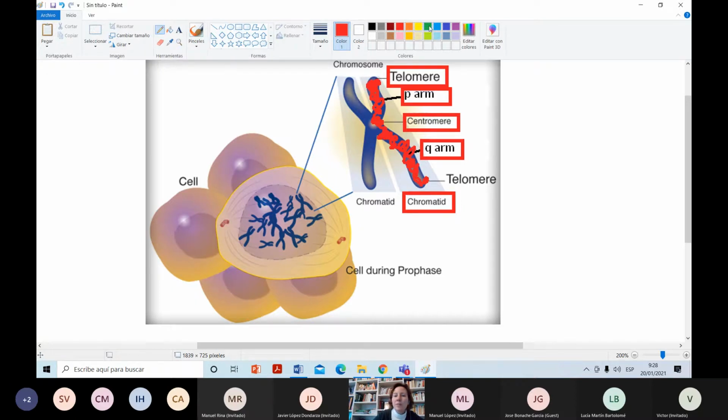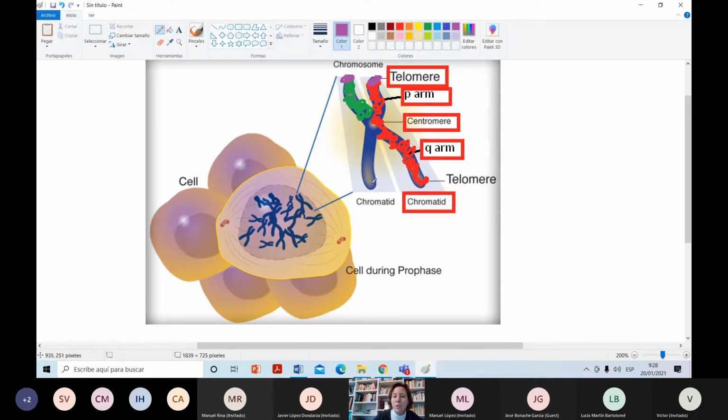If someone asks me to color a P arm, this would be one P arm. So the chromatid is all that, the P arm is this part, the Q arm would be the other part. But if you're asking about the telomere, it's just this part, the final region.